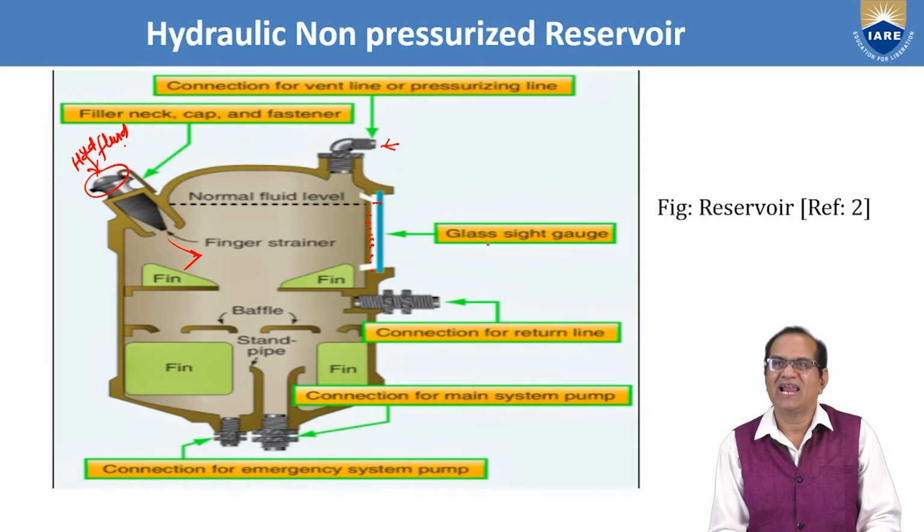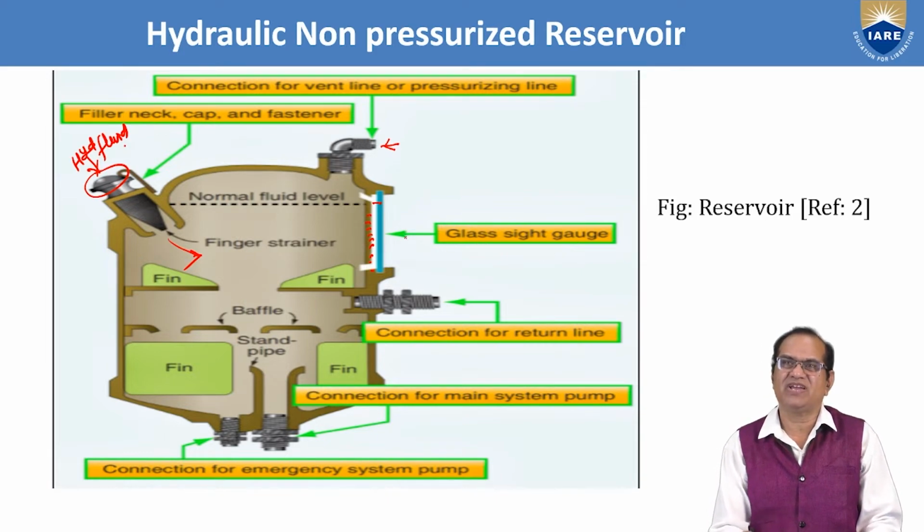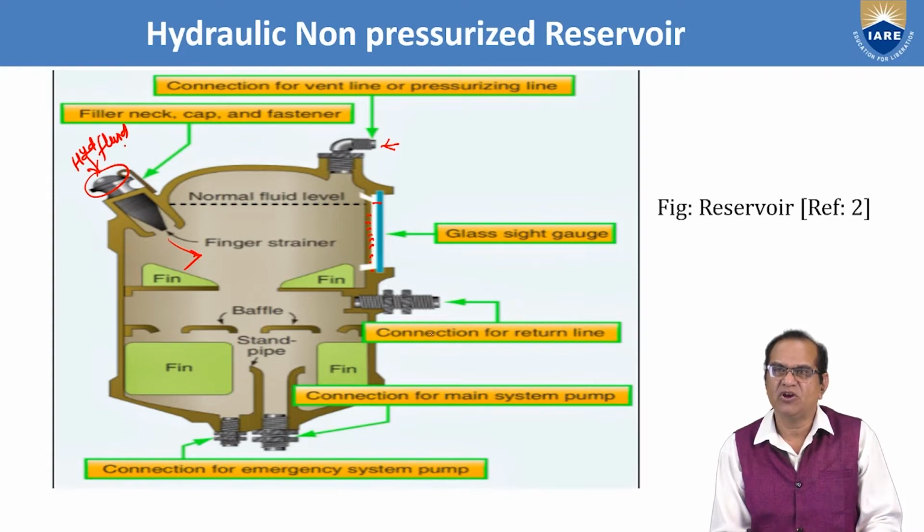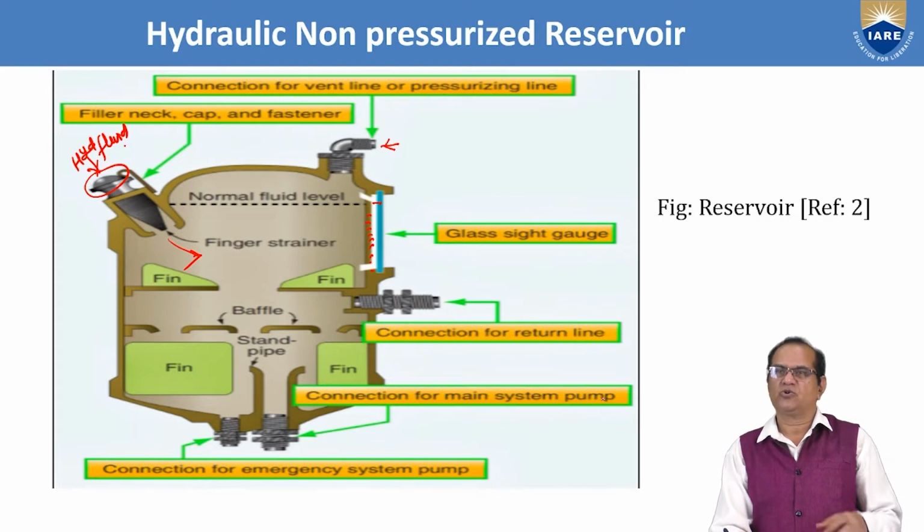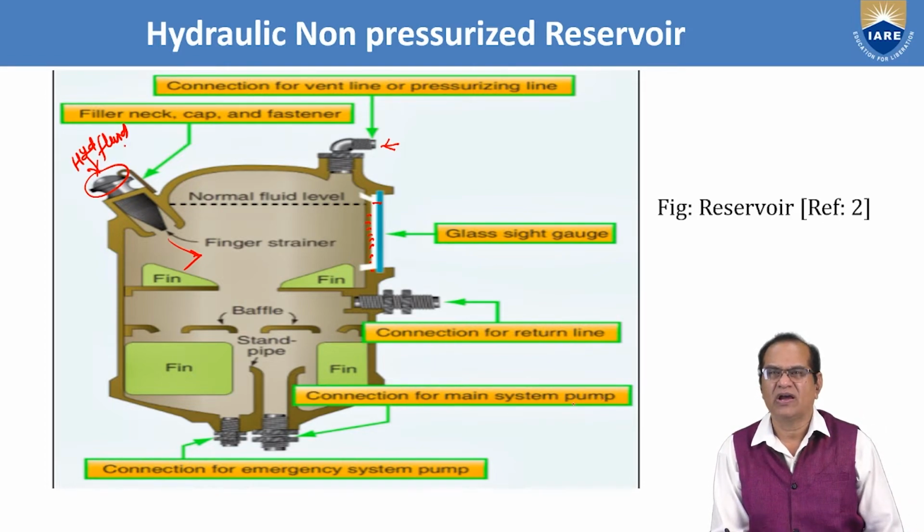Here we have the glass sight gauge. From here we can see how much level of the fluid is there. Here we have the connection for the return line. Here the return line is connected, which I have shown in the previous diagram. Connection for the main system pump. So main system pumps are also connected here.